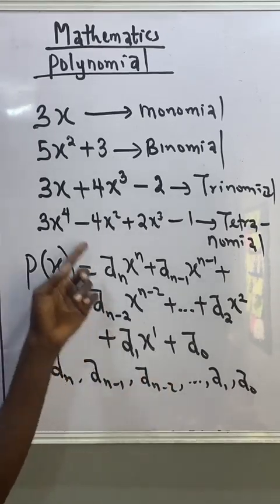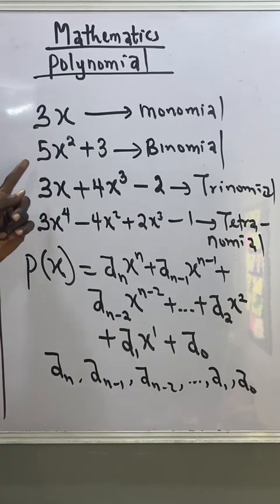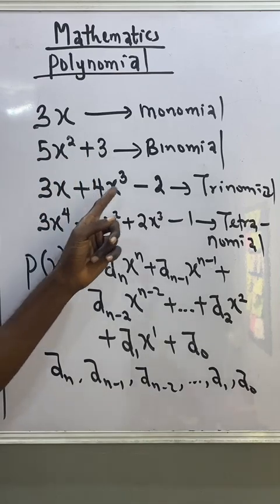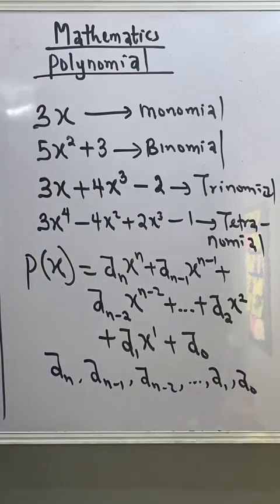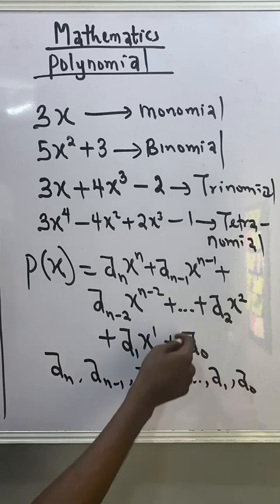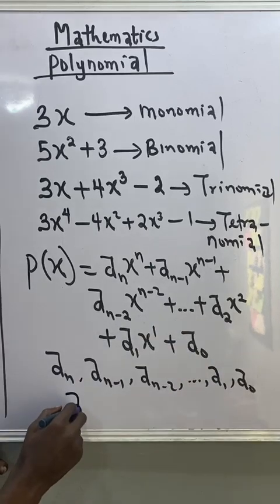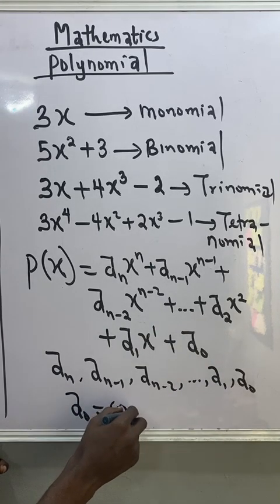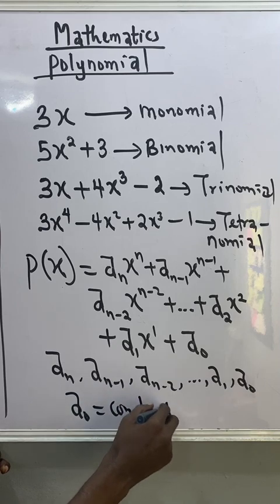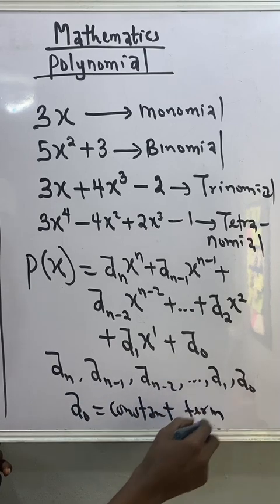Just like we have 3, 5, 3, 3, 4 here, they are the coefficients. Especially a_0 is called the constant term. The constant term.